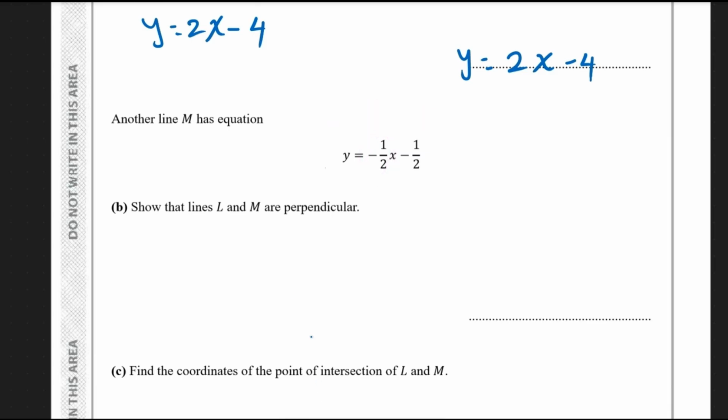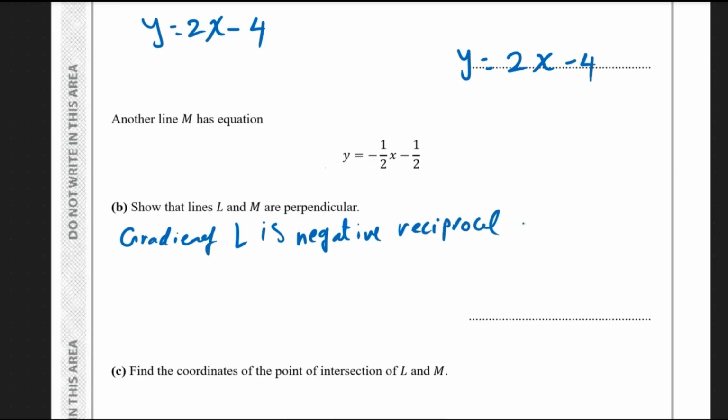So we can see here the gradient of L is the negative reciprocal of the gradient of M. We know the gradient that we got for equation L was 2.